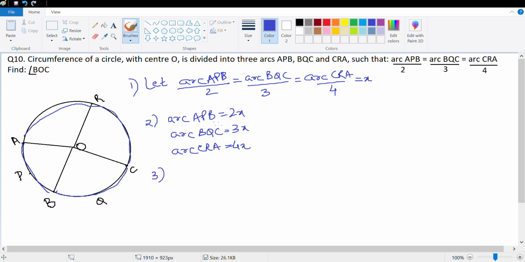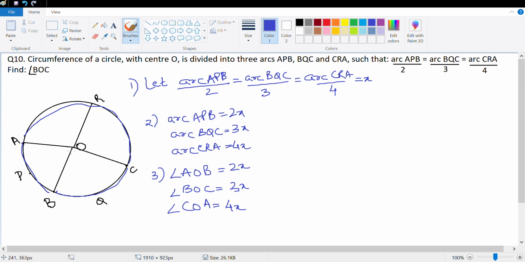Now, since these arcs are in a certain ratio, the angle that they subtend at the center will also be in the same ratio, which means angle AOB would be equal to, let's say, 2x, a constant. Angle BOC would be equal to 3x, and angle COA or AOC, whichever we look at it, will be equal to 4x.